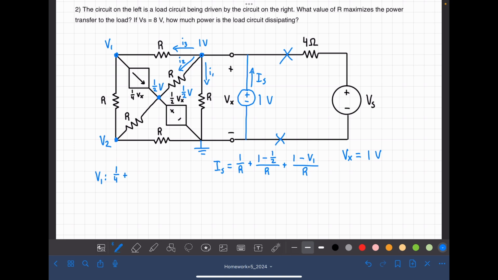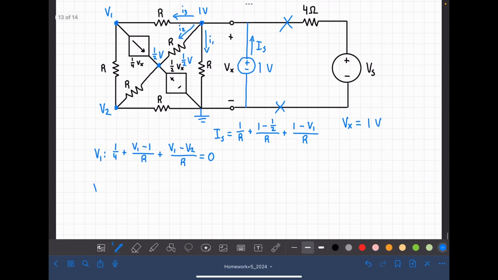And then this next current going out here, V1 minus 1 over R. And then the final one is V1 minus V2 over R. That's all equal to 0. I can get this out of the way.